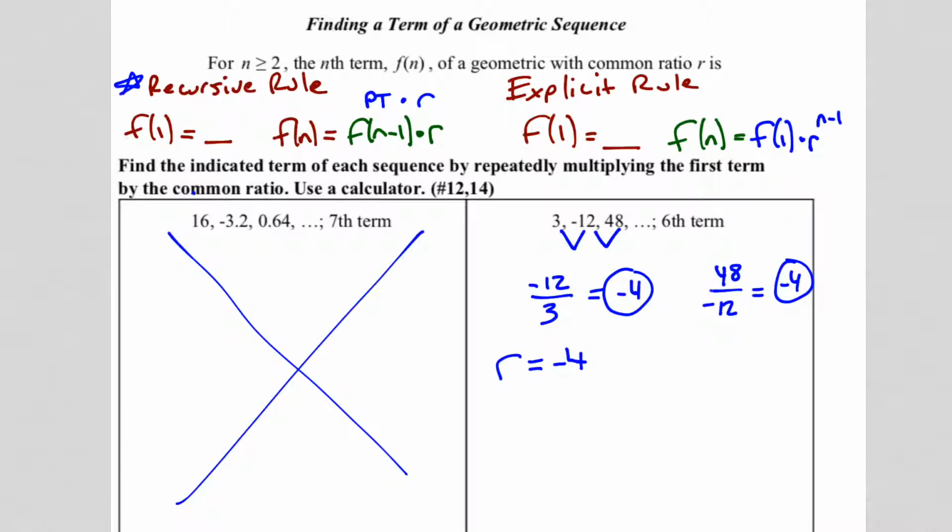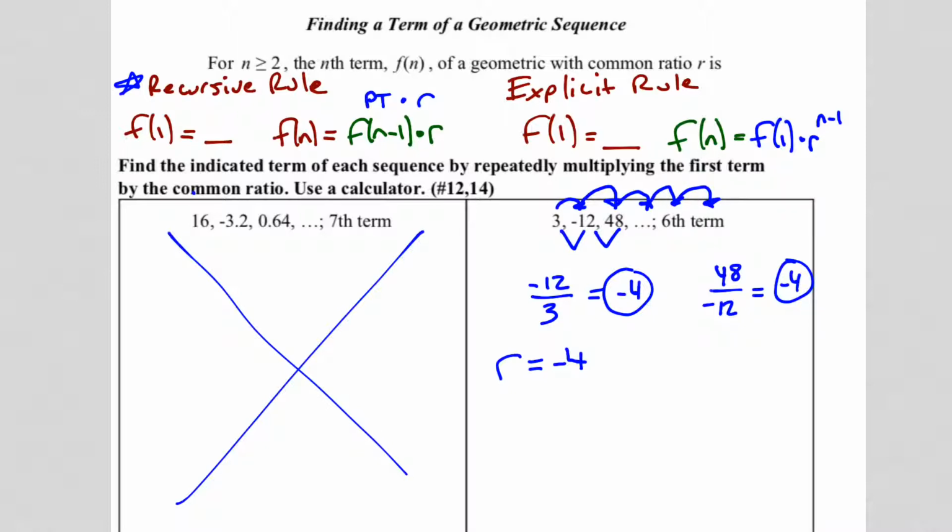Now, if I wanted to find the sixth term using the recursive rule, just like you had to multiply this by -4 to get -12, and then that by -4 to get 48. Here's f of 3, you'd have to do it for f of 4, and then f of 5, and then f of 6.